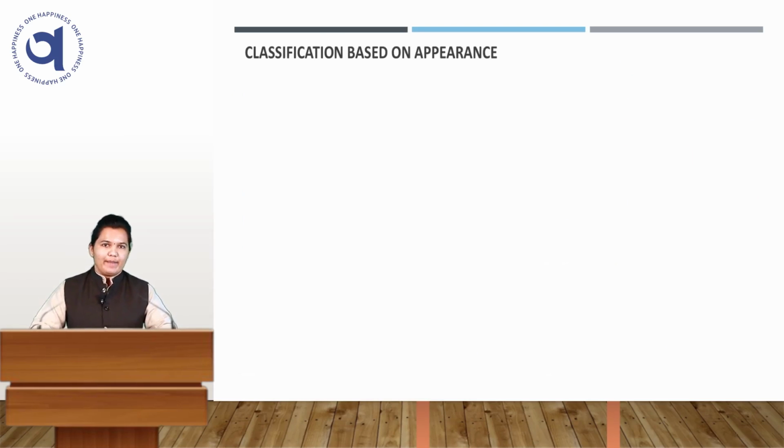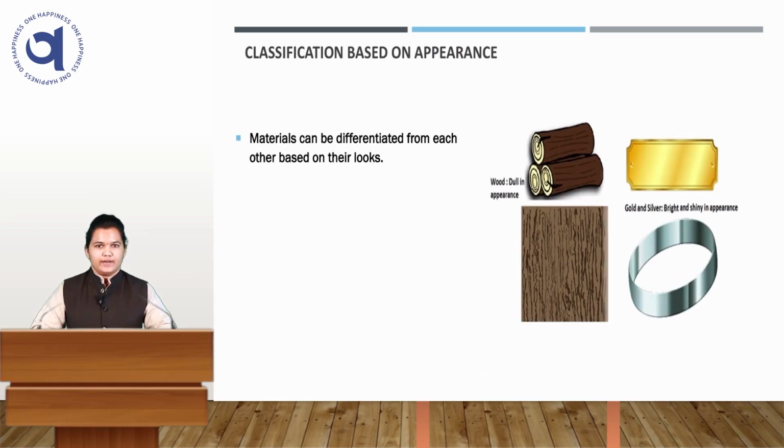Classification based on appearance. Materials can be differentiated from each other based on their looks. Here we can see some objects that are lustrous and some that are non-lustrous. We can say that gold is shiny and wood is non-shiny, meaning non-lustrous material.